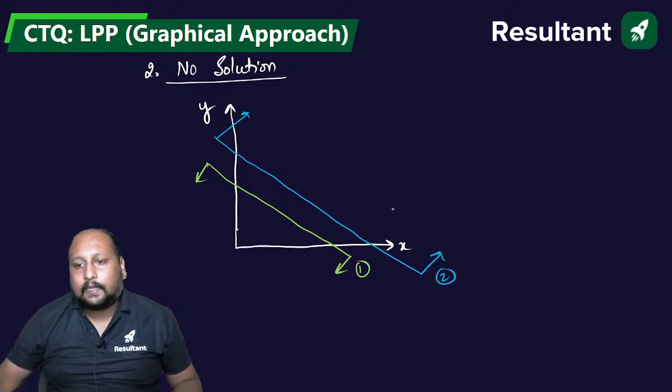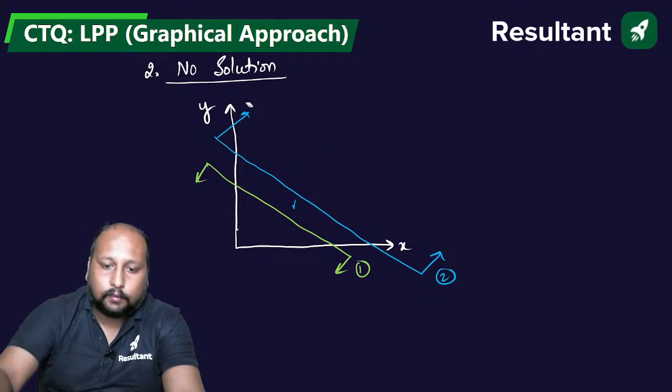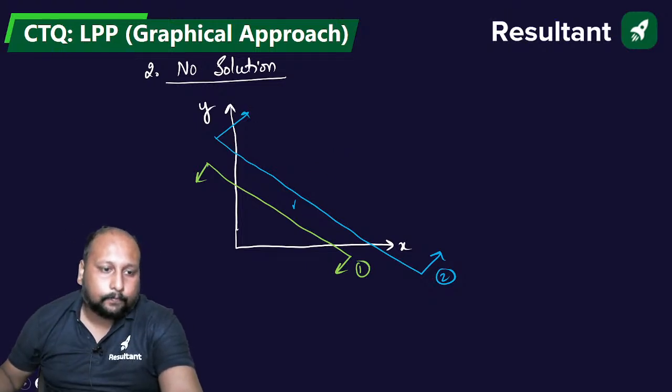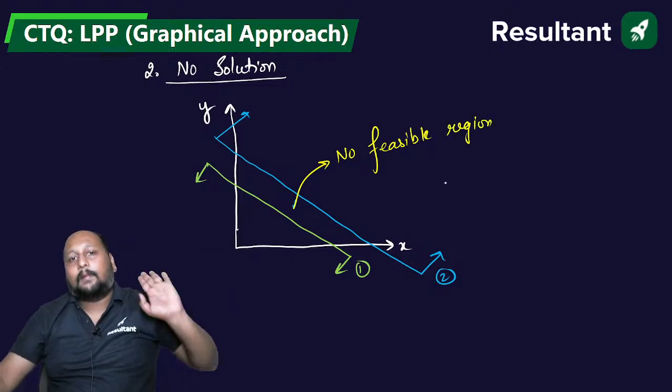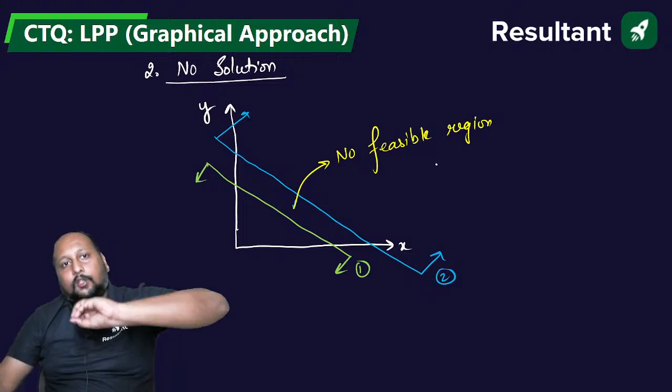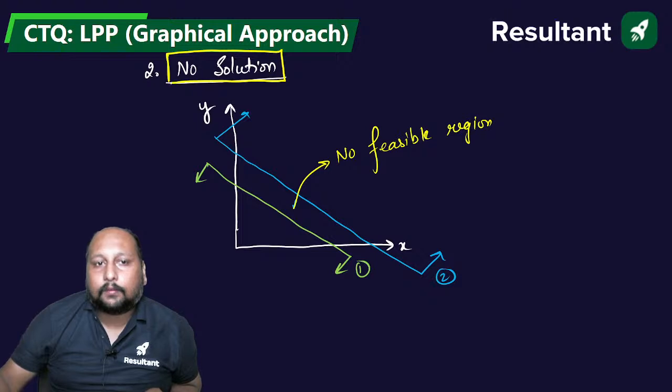So here you can clearly see there is no feasible region. That means there will not be any optimal solution. In this type of problem, no solution is possible. That is the reason we call it no solution.